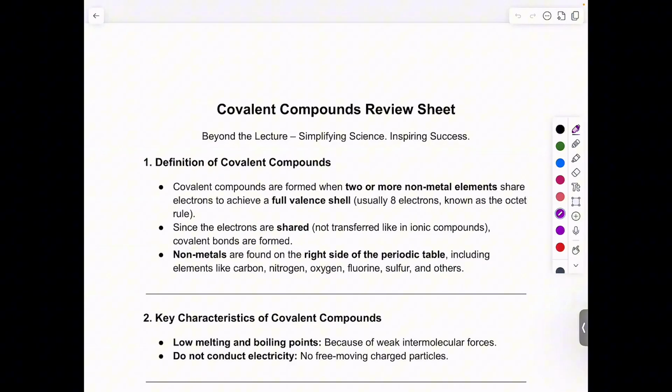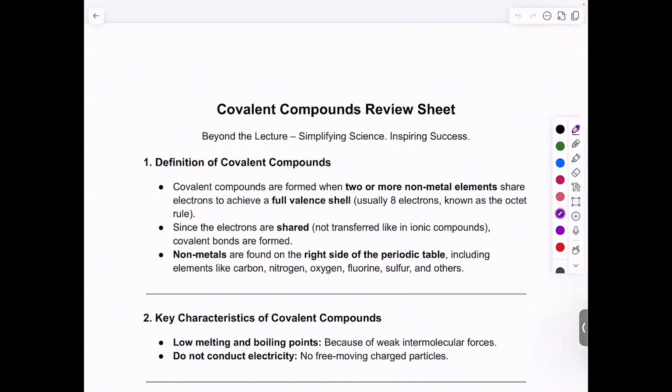The process here is that instead of transferring electrons to make fully charged ions, we're going to have some element of sharing. So we're going to share electrons to create these covalent bonds between atoms to form a molecule or a compound.